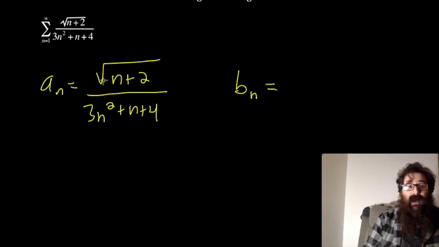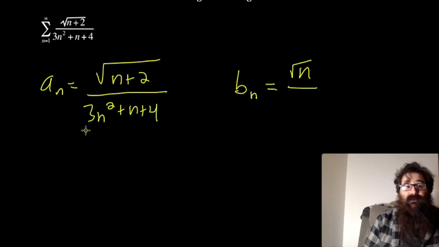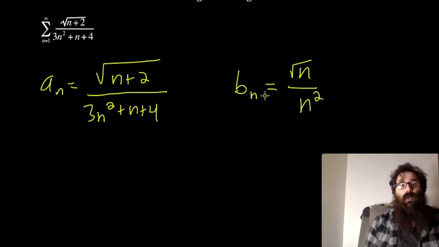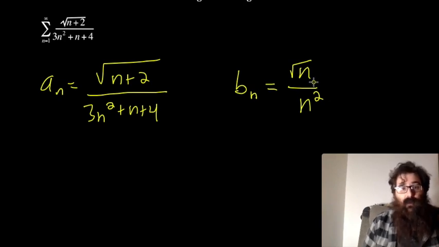So the leading term on top is just this n to the 1/2, square root of n. So that's all I'm going to take away from that. Divided by, in the bottom, the leading term is an n squared term. I don't care about the 3. n squared is what that leading term is. And this is what I want to compare with.